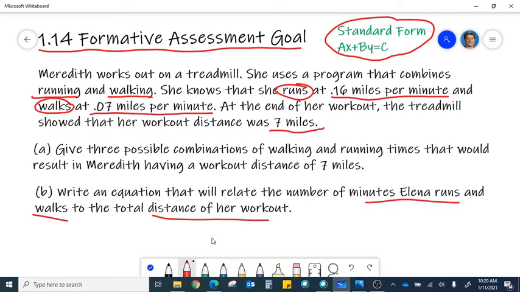So here's what we're going to do. We're going to go ahead and define some variables. All right. So we could say x and y just to keep it in that form that we have. So x is going to equal what? Well, what would x equal? X would equal the minutes running. Let's define that. Minutes running.